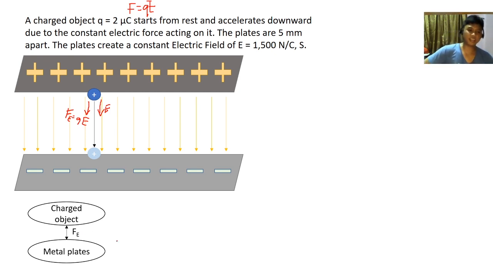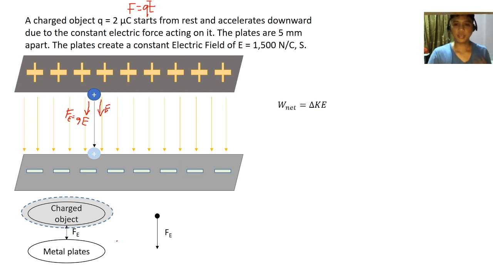So that's a very easy system or system schema. So let's define our system to be just the charged object. So our free body diagram will look like that, with the electric force pointing downwards since our charged object, our test charge, is positive.